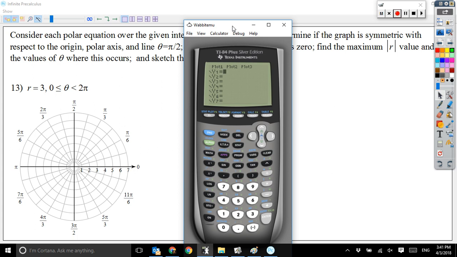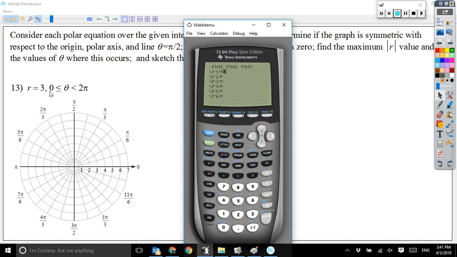The first and most important thing I need to do is hit mode. Alright, we're in polar, so we'll come down here and go to POL, or polar. And when I do that and hit Y equals, it changes it to R equals. And I see that for my first one it says R equals 3.